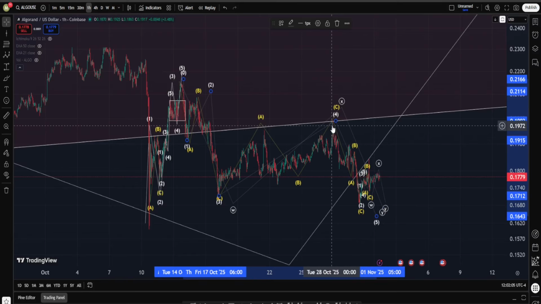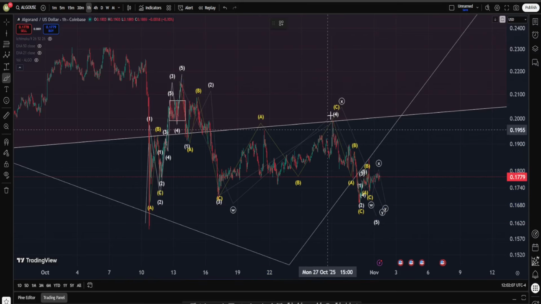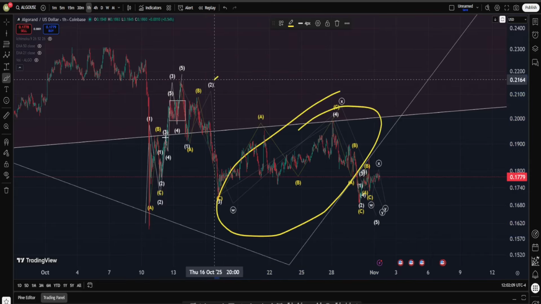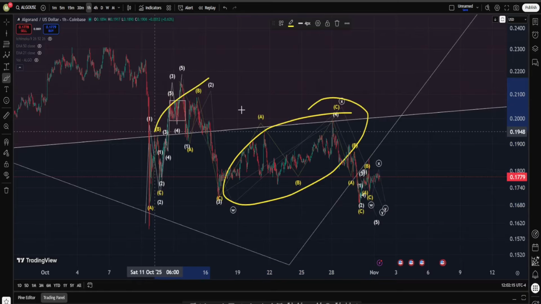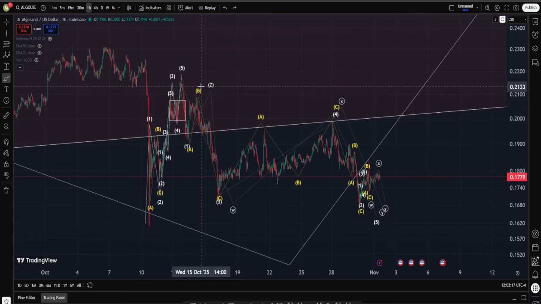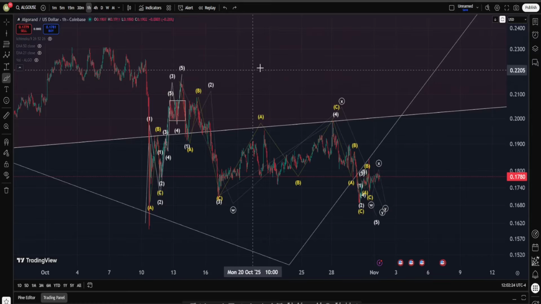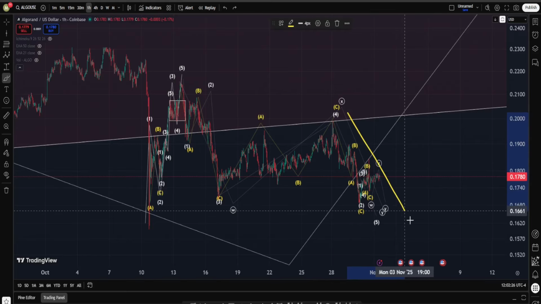Number one, we are clearly having overlapping of the waves between our supposedly wave 4 and 2, and wave 4 is clearly bigger than wave 2. So essentially, this is narrowing your option to only and only having an expanding ending diagonal, in which wave 5 has to be bigger than wave 3 and 1.